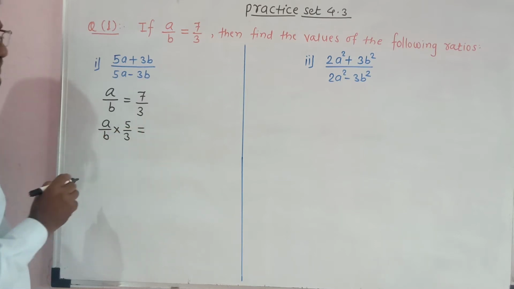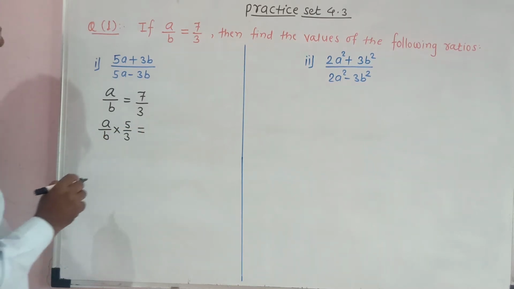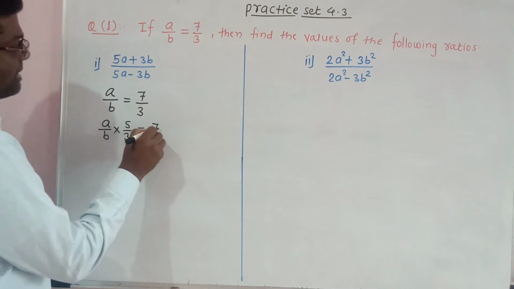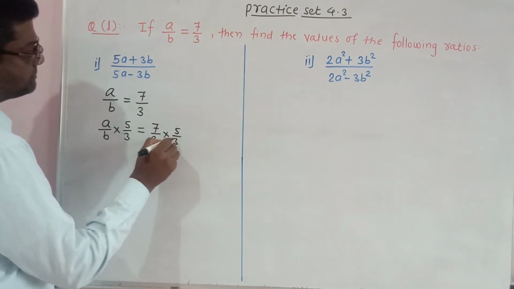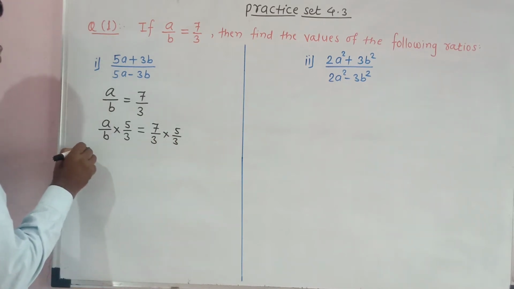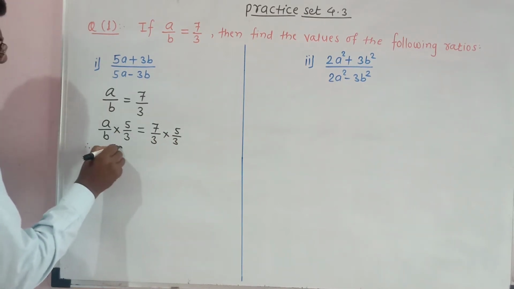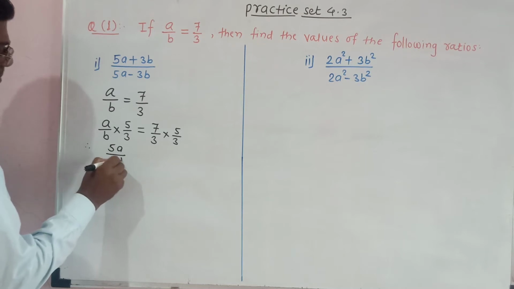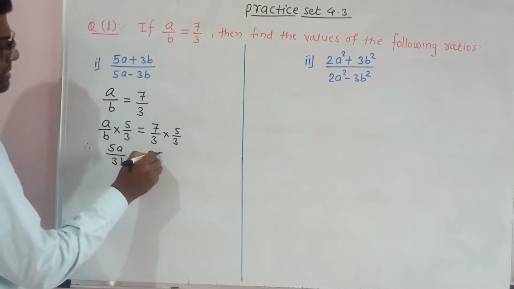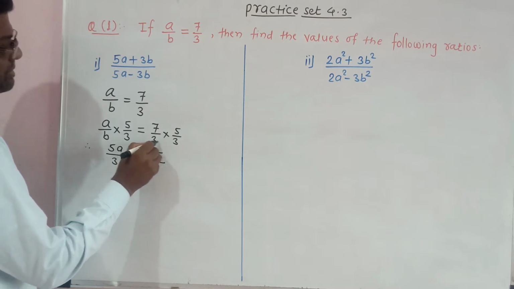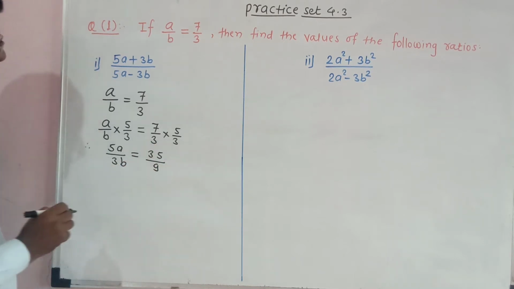So A upon B into 5 upon 3 is equal to 7 upon 3 into 5 upon 3. Therefore 5A upon 3B is equal to 7 5s are 35 upon 3 into 3 is 9.